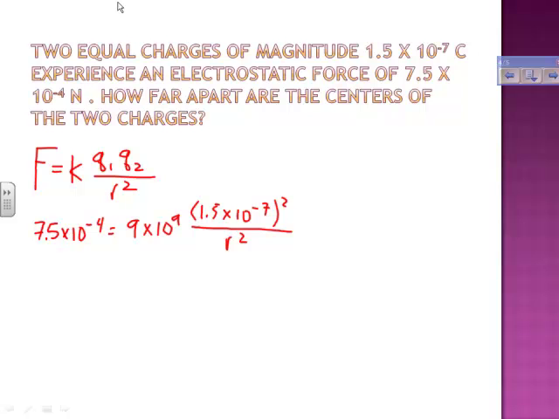Now it becomes a little bit of math. I would divide both sides by 9 times 10 to the 9th, or I would cross multiply first, actually. Let's cross multiply first. I think that's easiest. Multiply 9 times 10 to the 9th times 1.5 times 10 to the negative 7th times 1.5 times 10 to the negative 7th.